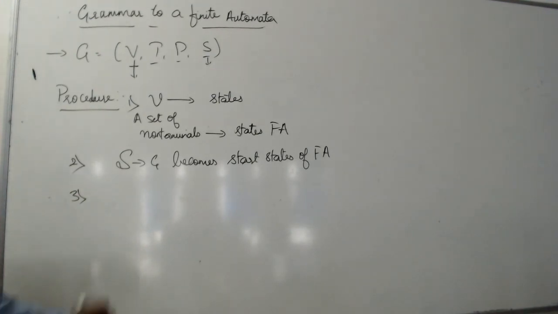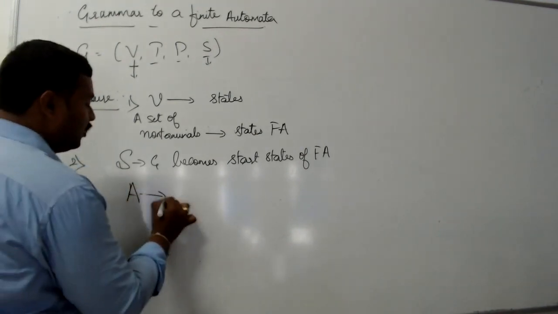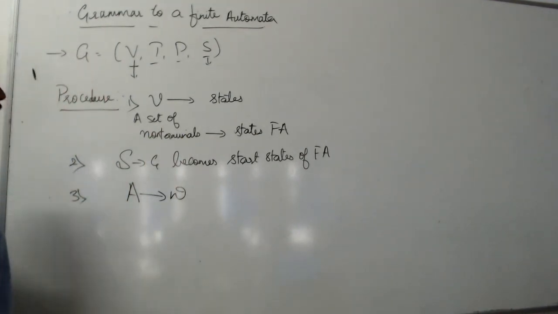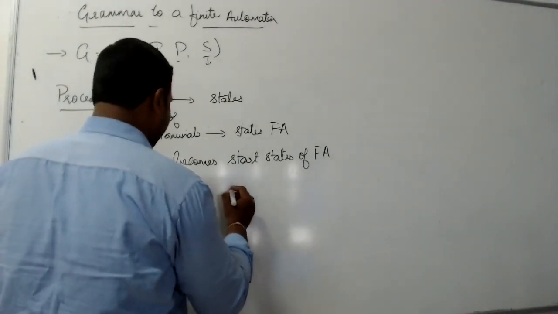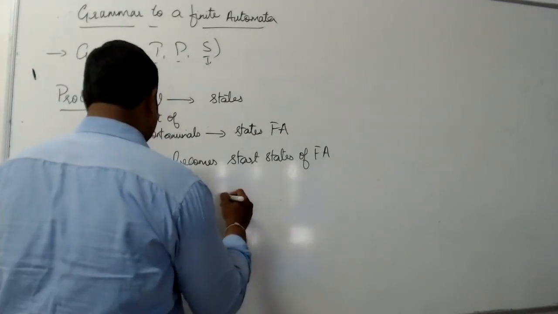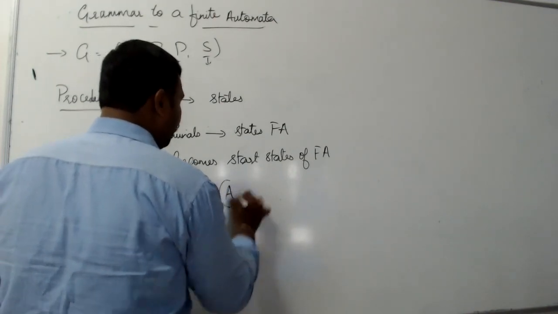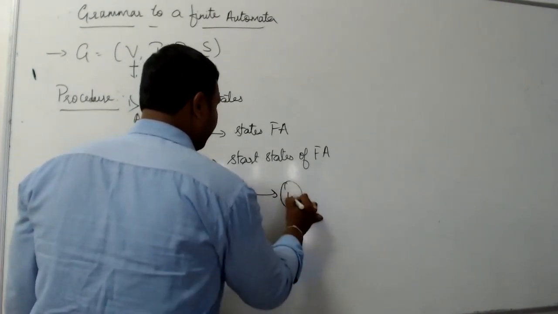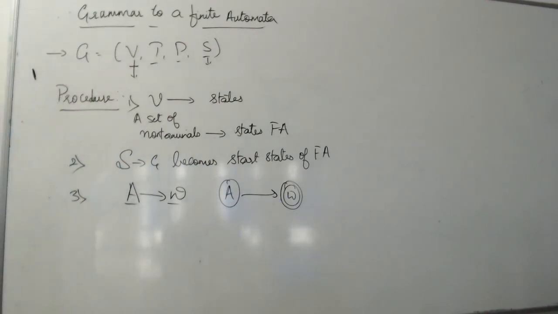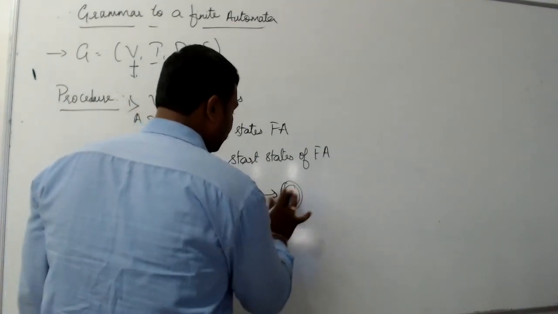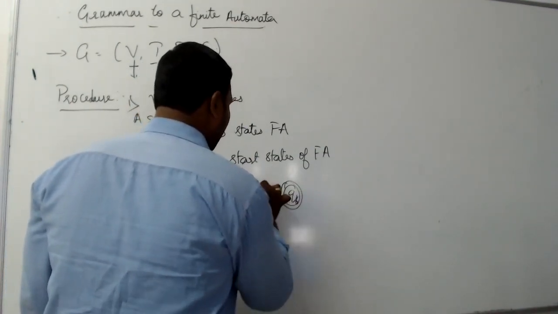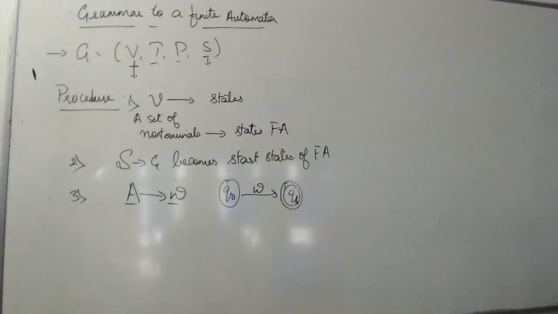Next, third. Any production in the form A tends to a, that is a non-terminal to a terminal, produces a state transition from state A to a final state Q upon symbol a.